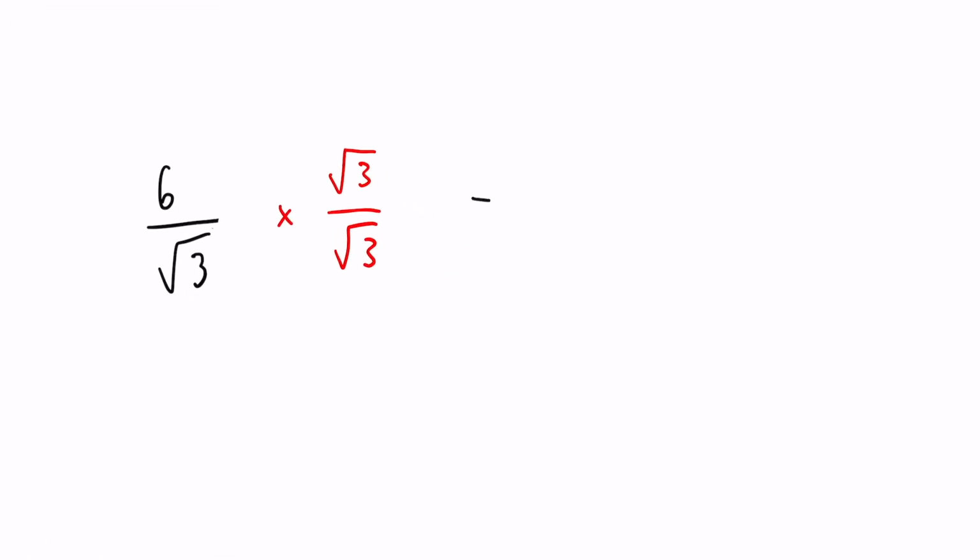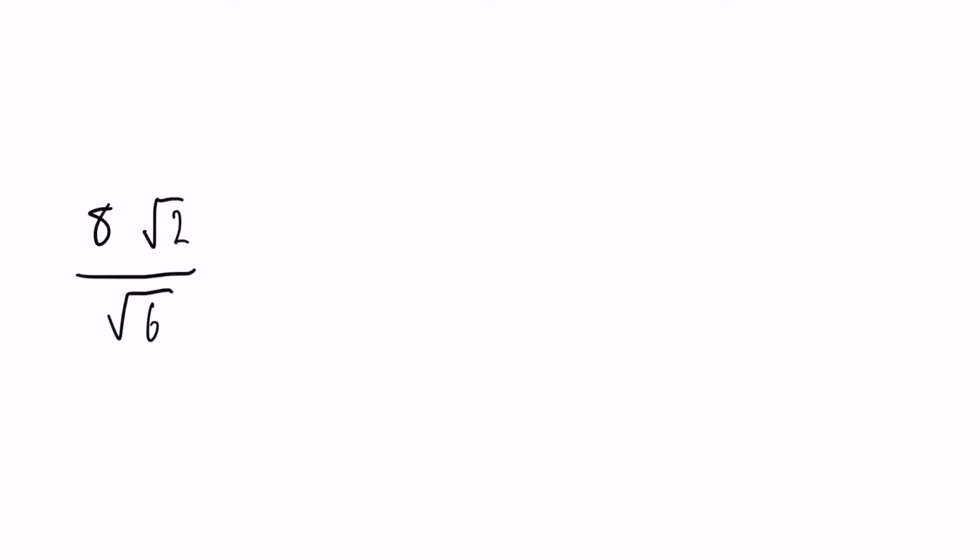Because we know that if we multiply root 3 times root 3, that leaves us with 3 on the bottom, and as you can see, that has got rid of the surd. On the top, 6 times root 3 is simply 6 root 3. And by simplifying our fraction, we can see that 6 divided by 3 gives us 2. So our final result is 2 root 3.